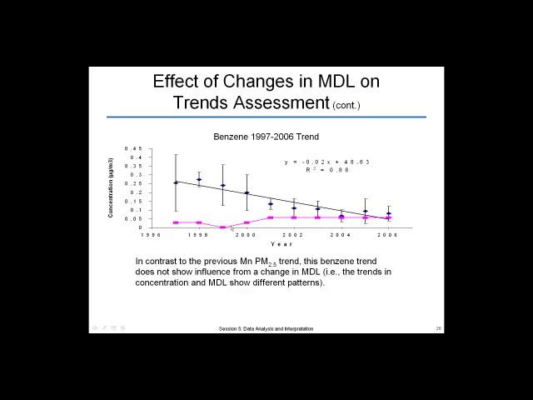The detection limits really aren't looking at all like the trend that we're seeing in the ambient data. So we have more confidence that this trend makes sense, and that it's not showing an influence from any change in detection limit, which there certainly has been over time. So we feel comfortable that this is a real trend.